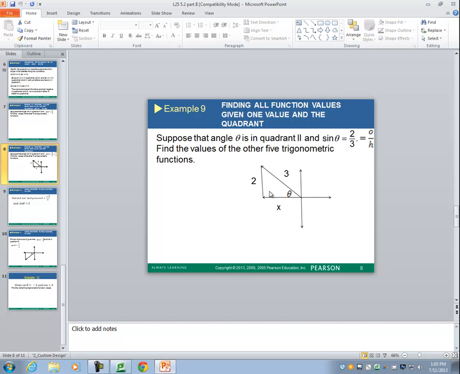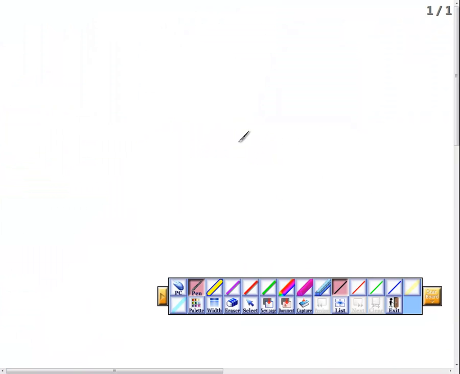Opposite of our right angle, the vertical line is always perpendicular to the x-axis. All right, so one thing we have to do here is to go ahead and find our third side. So let's take a look at how we're going to do that.